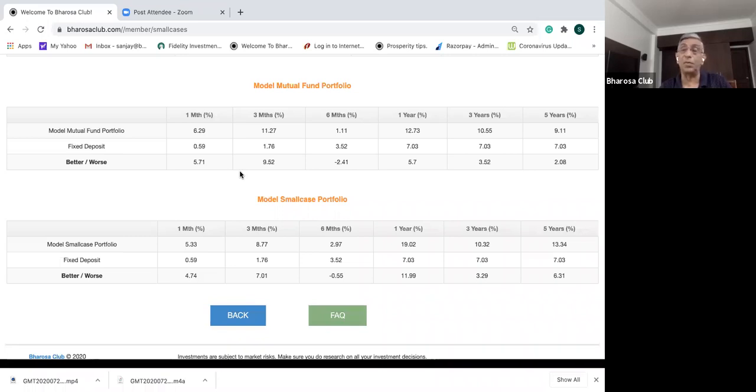And for the Bharosa Club small case, you have to pay an annual subscription fee of 1180, which includes GST. You pay that once a year, irrespective of the amount that you invest.